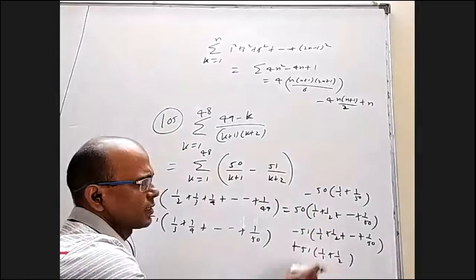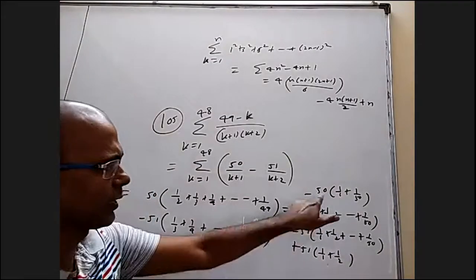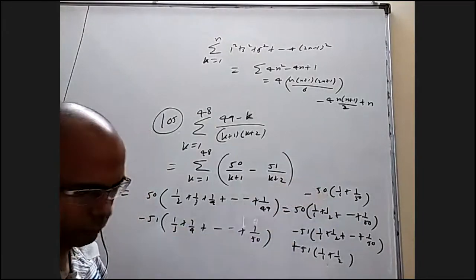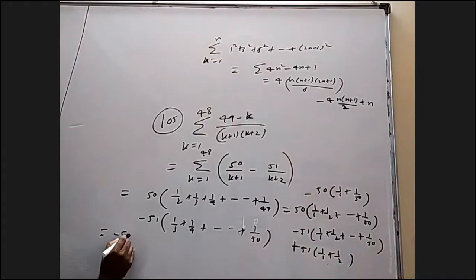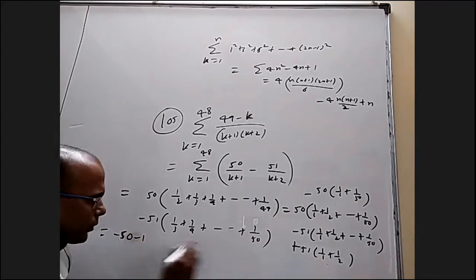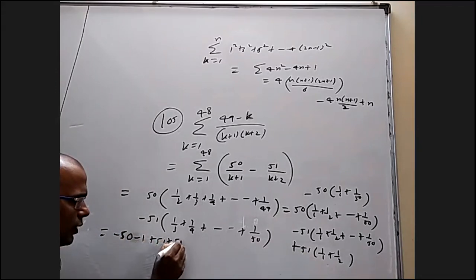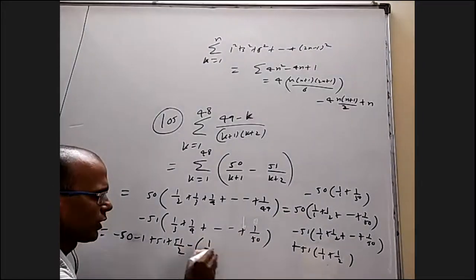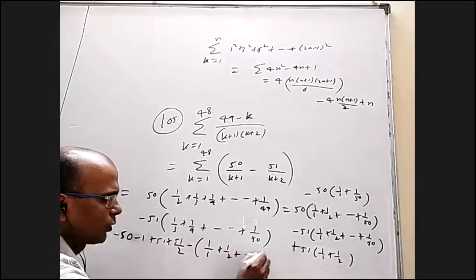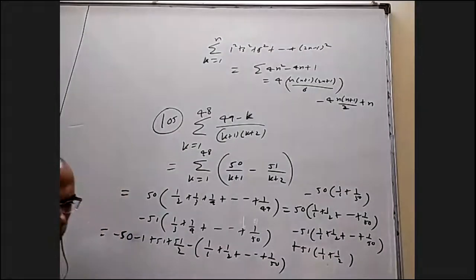What about this and this? If I take this inside, it will be minus 50 plus 1, minus 49. Let me write even that. That one is minus 50 minus 1. This one plus 51 plus 51 by 2. And these two together are minus of 1 time 1 by 1 plus 1 by 2, so on up to 1 by 50.